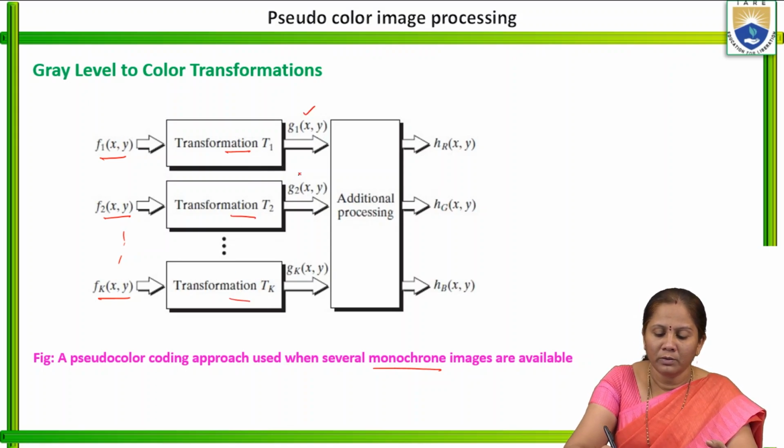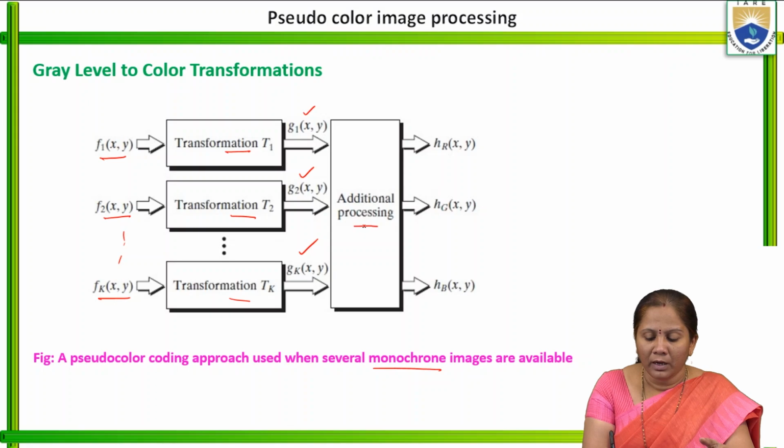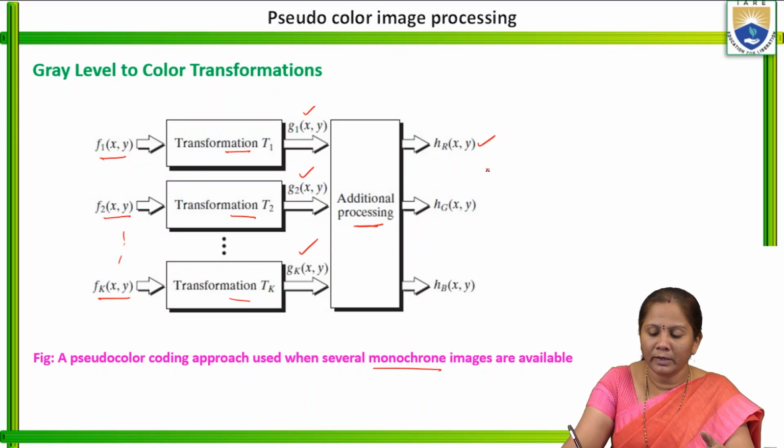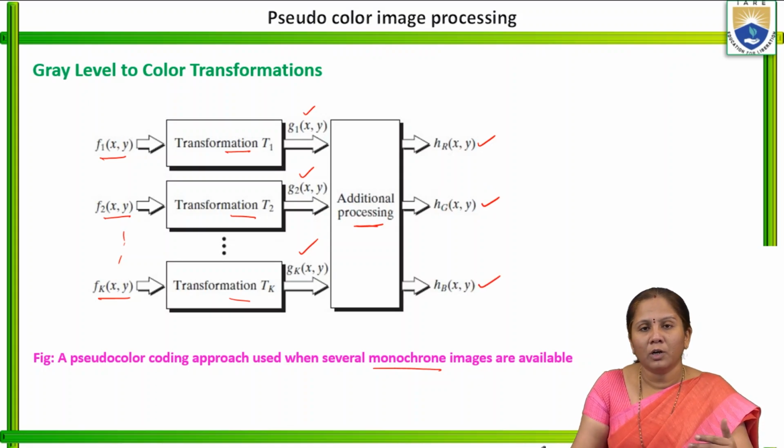Then the outputs we get are the color planes. Additional processing is done. Then the output we get is equal to the RGB planes. So this concept should be applied when a larger number of grayscale inputs are available.